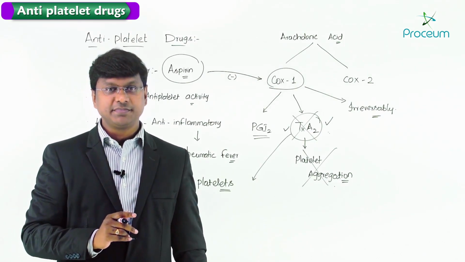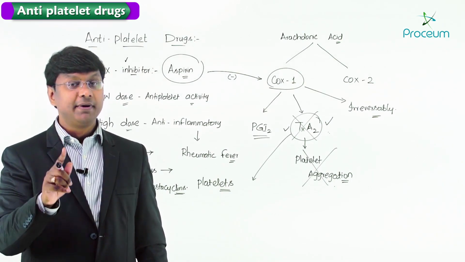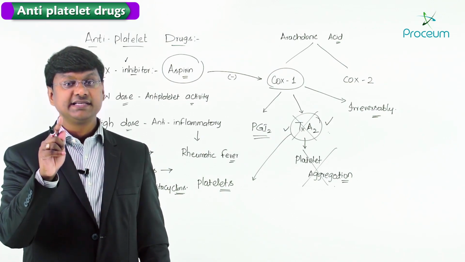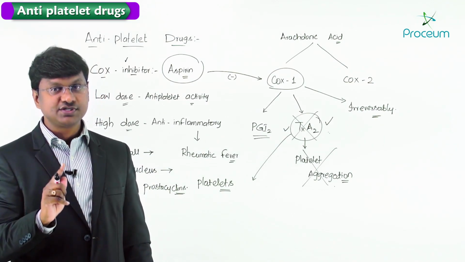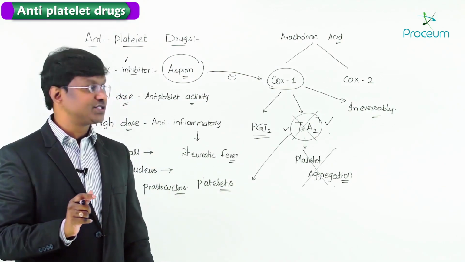Now you need to remember that aspirin inhibits thromboxane synthesis, but it does not inhibit the enzyme thromboxane synthetase. Please remember this very important point, as you can get confused in a multiple choice question.